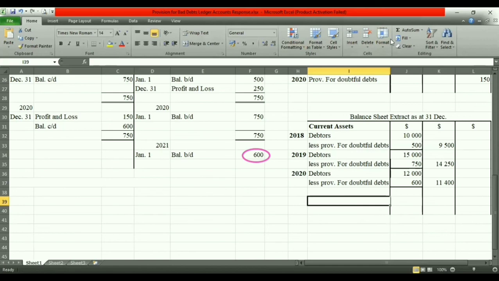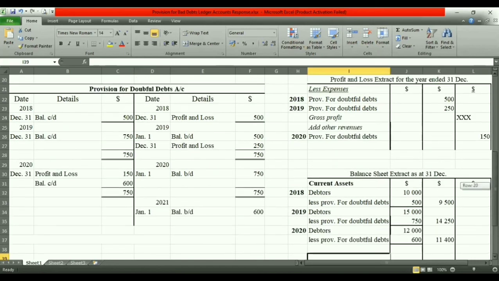So here we are at the end of working a question, the provision for doubtful debts. In exam, you may be asked to show the provision for doubtful debts account, your profit and loss extract, and your balance sheet extract for all the years that they give you.